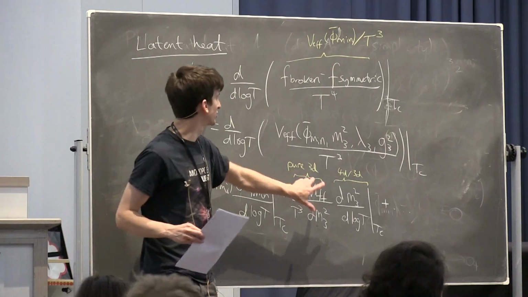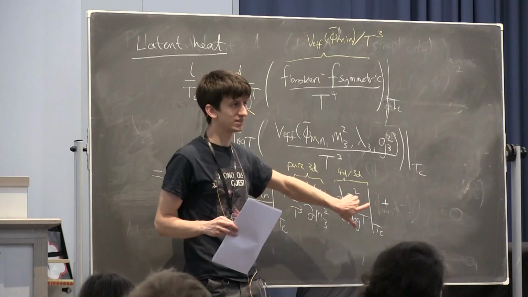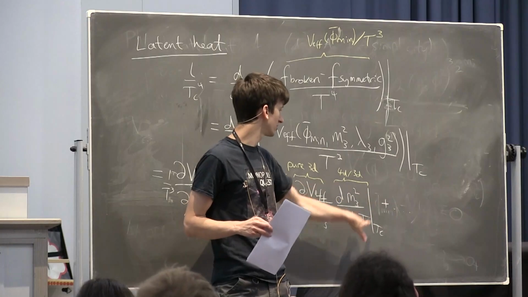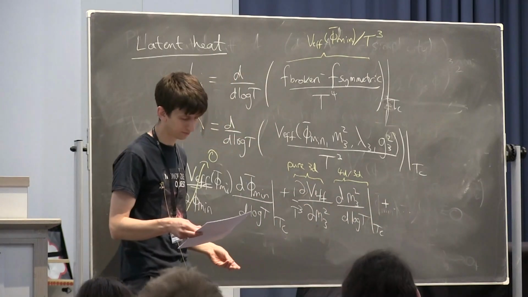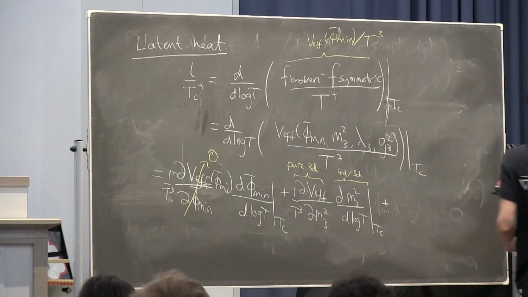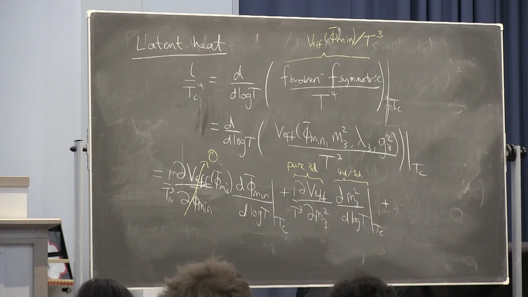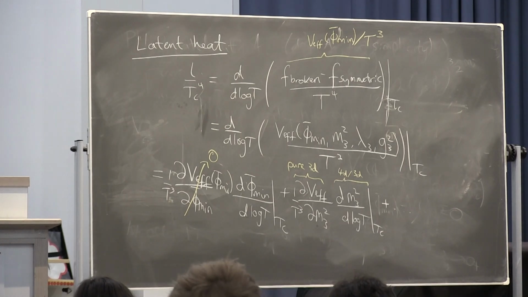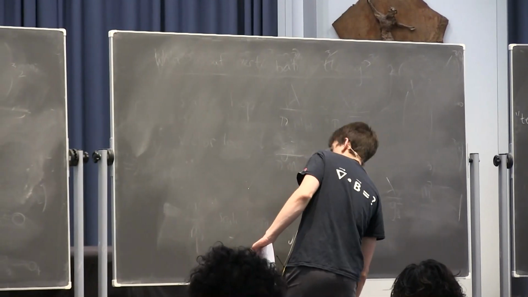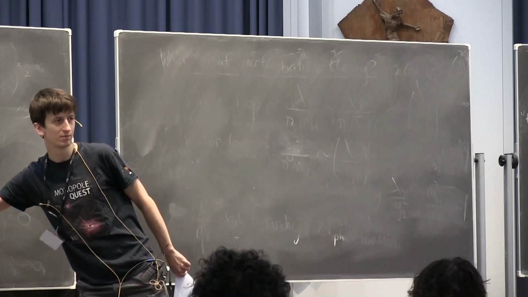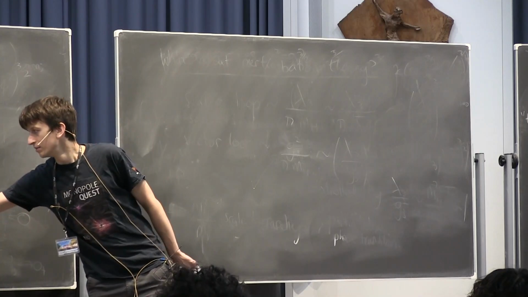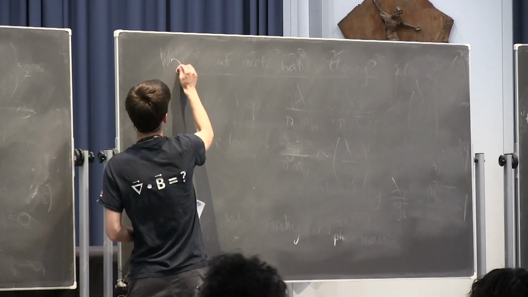So the terms in the latent heat factorize into a product of something which is purely 3D and then something which is to do with the matching relations. And let's just focus on this pure 3D bit, because that's what we've been doing. This one's kind of easy. We've already worked this one out, basically. This one, this pure 3D bit, what is this?